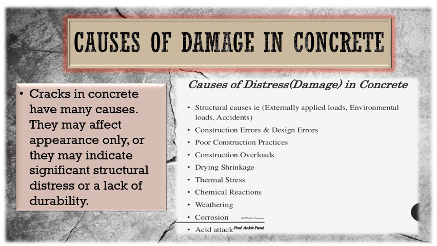The first is structural causes by external applied loads, environmental loads, or accidents. The next is construction errors and design errors. The next ones are poor construction practices, construction overloads, drying shrinkage, thermal stress, chemical reaction, weathering, corrosion, and acid attack.